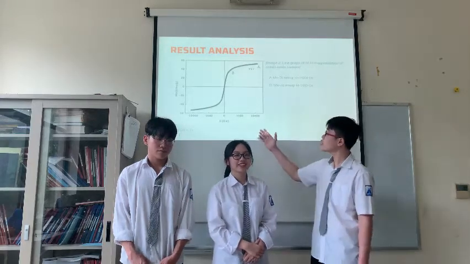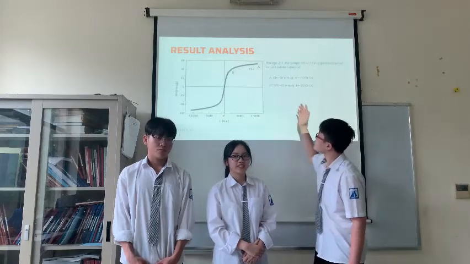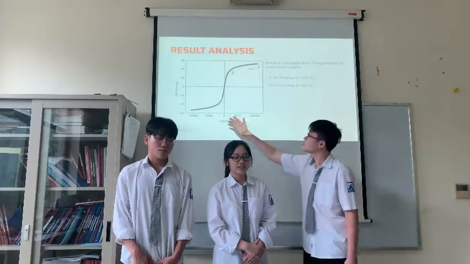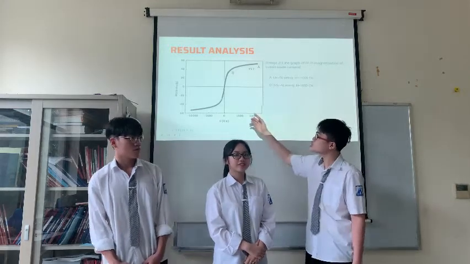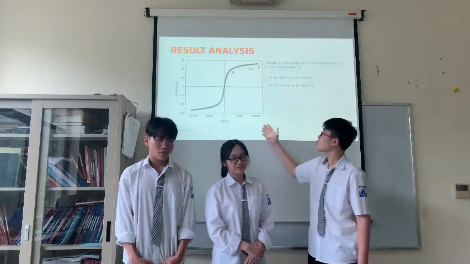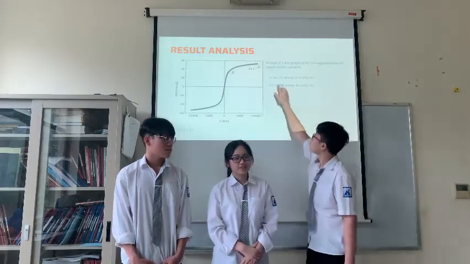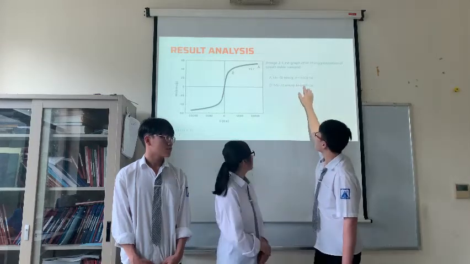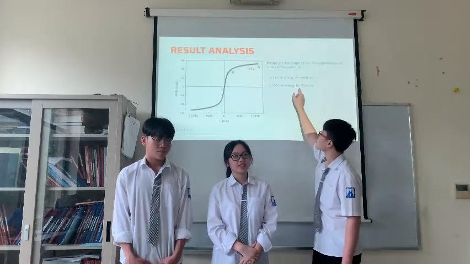Next is the line graph of the mass magnetization of the cobalt oxide sample. This is a curved line, so it represents a nonlinear relationship between the magnetization of the particles and the magnetic field strength. These are two example points on the graph. Point A, at the magnitude of 11,000 Oersted, the magnetization is 50 emu per gram.